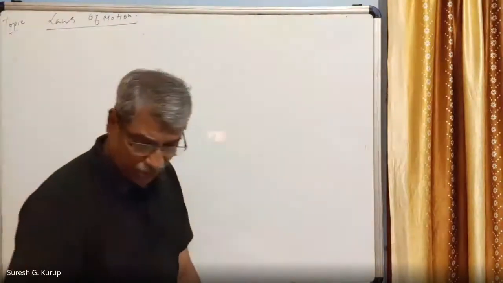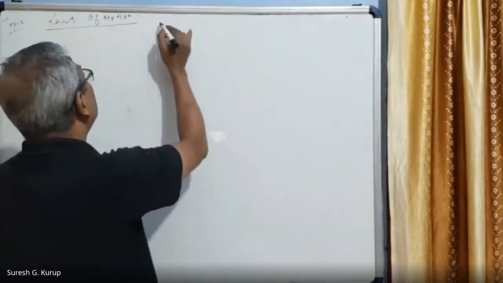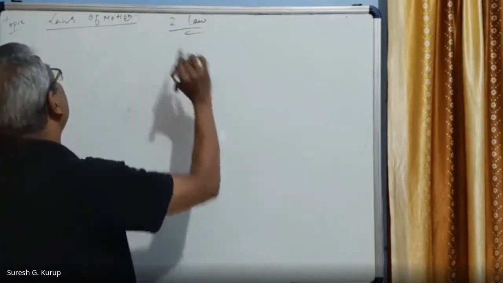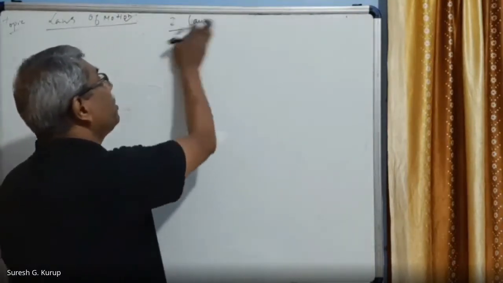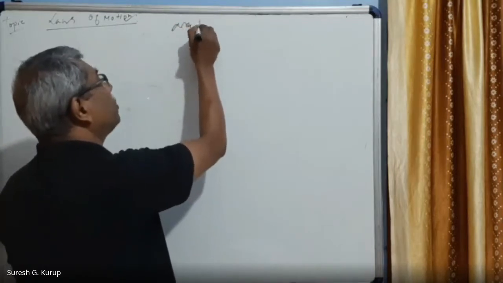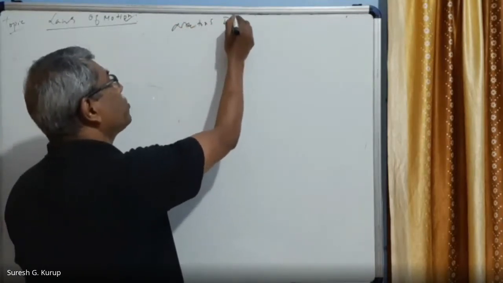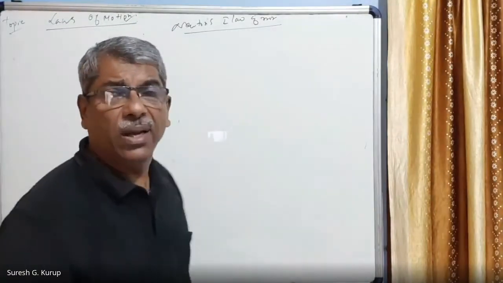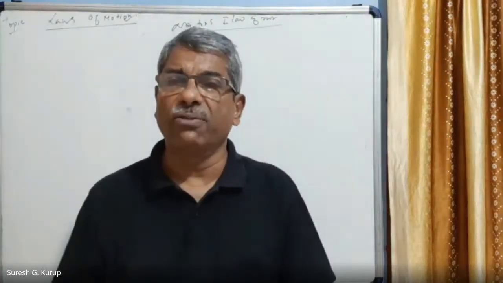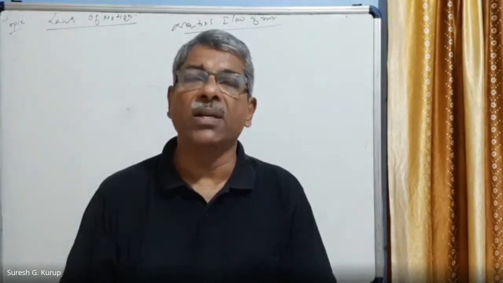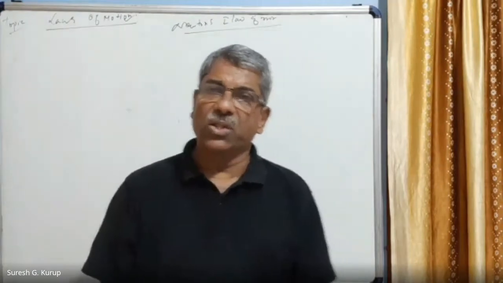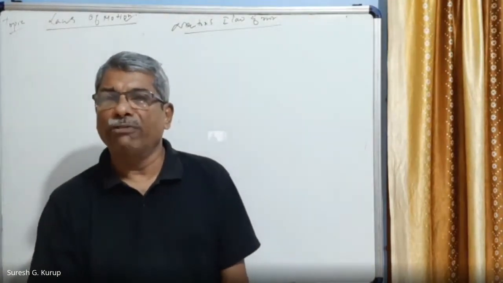Newton's first law of motion: every body continues in its state of rest or uniform motion in a straight line unless and until it is acted upon by an external force. This is called Newton's first law of motion.